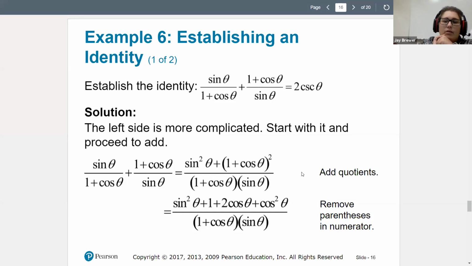But then to do that, you have to figure out what was missing. In the first fraction, you were missing a sine theta, which is why in the last fraction, you have a sine squared theta. For the other one, you were missing a 1 plus cosine theta, which is why you have 1 plus cosine theta quantity squared.